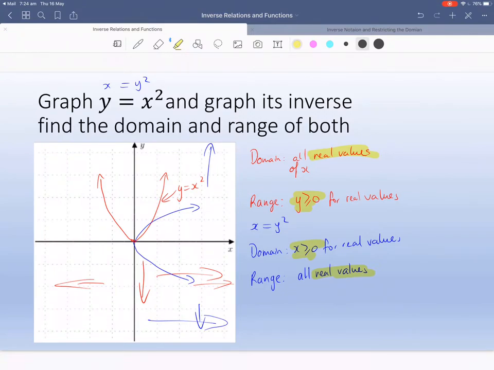That's really, really important. So you can write yourself a note. Therefore, for inverse functions, domain and range also swap.